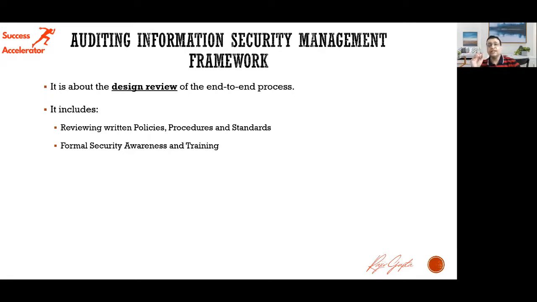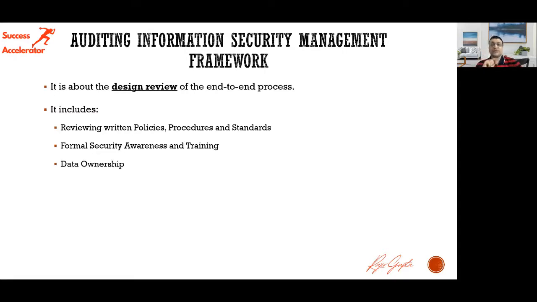I will repeat, the security of an organization is as good as the weakest link. It has been proven over the decades that more often than not, human beings are the weakest link. And hence, a good quality training and awareness program becomes very, very important.